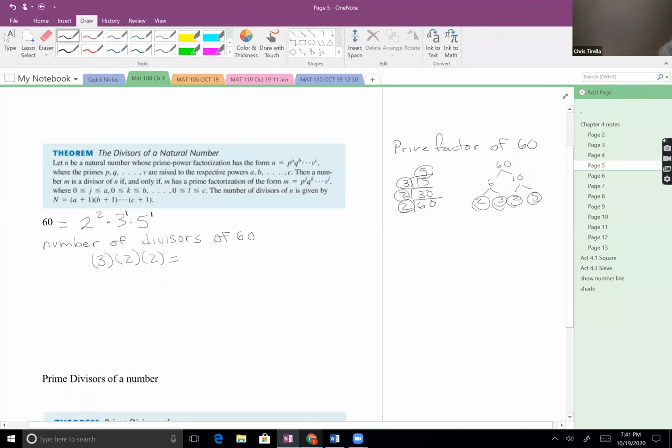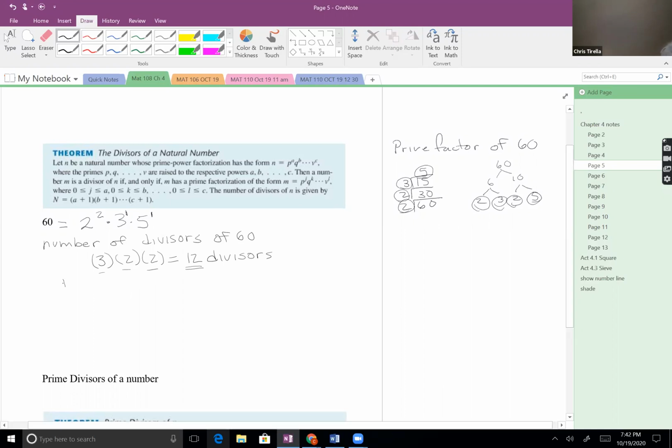And so that tells me that I should have 12 divisors. Is everybody all right with where the 3 times 2 times 2 came from? That tells me when I make the list of divisors, I should come up with 12 of them.